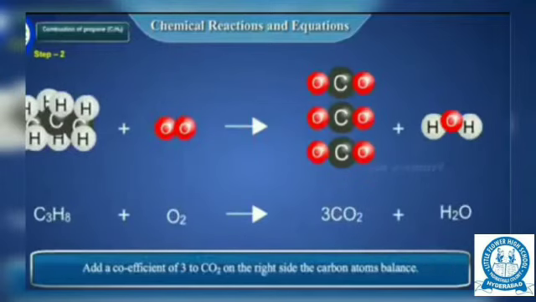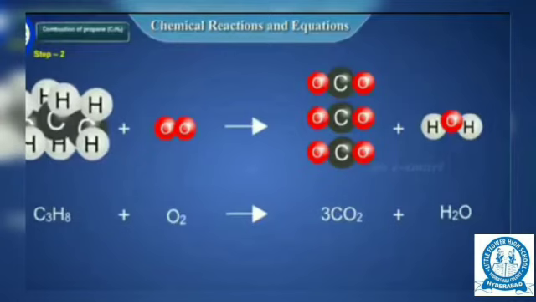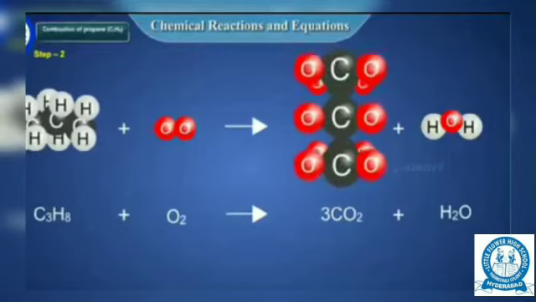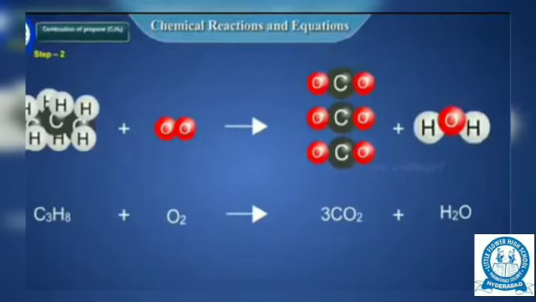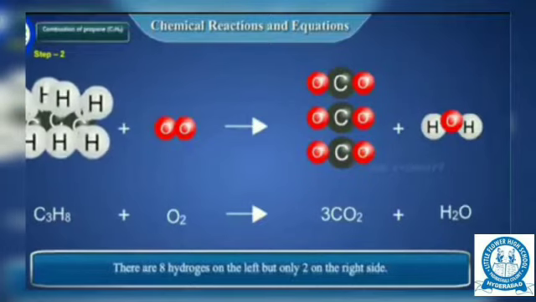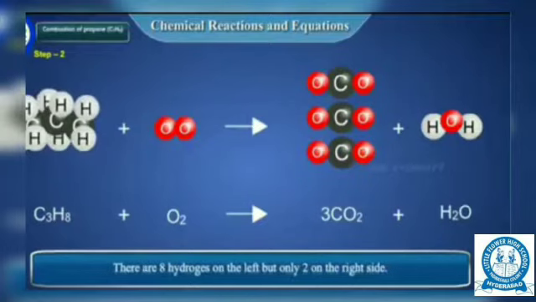Now add a coefficient of 3 to CO2 on the right side. The carbon atoms balance. C3H8 plus O2 gives 3CO2 plus H2O. Coming to hydrogen atoms, there are 8 hydrogens on the left but only 2 on the right side.